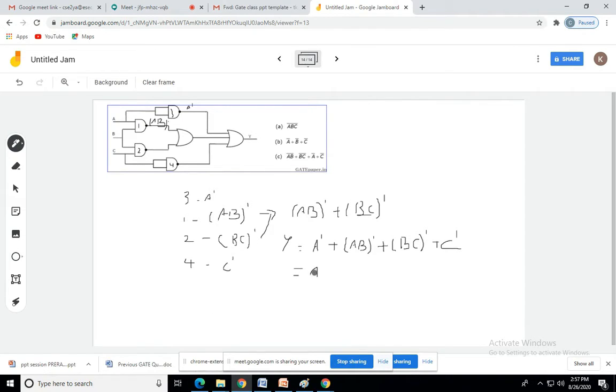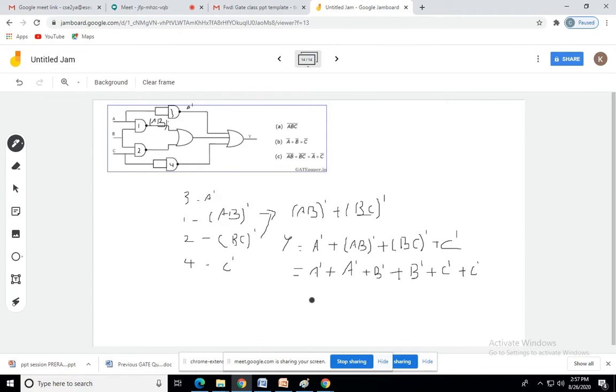Keep A dash as it is, and here apply De Morgan's law. What will you get? A dot B the whole dash is A dash plus B dash. Then again B dot C the whole dash, again applying De Morgan's law, we will have B dash plus C dash. And the final C dash.